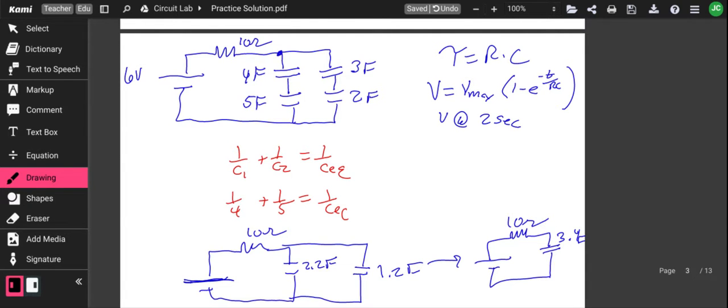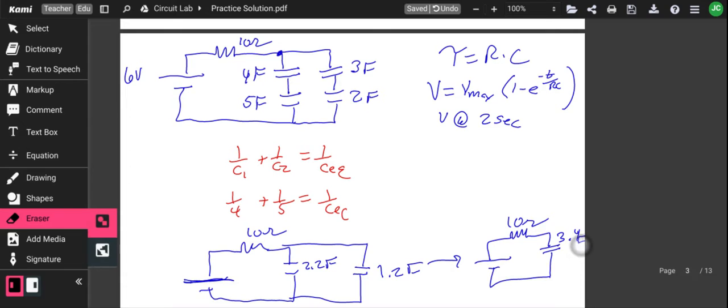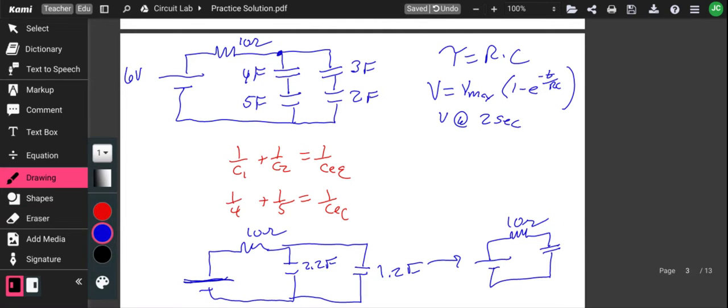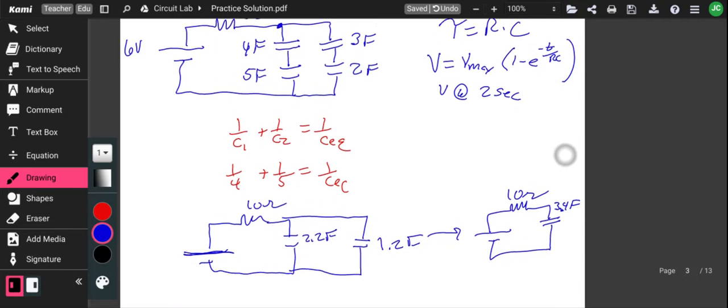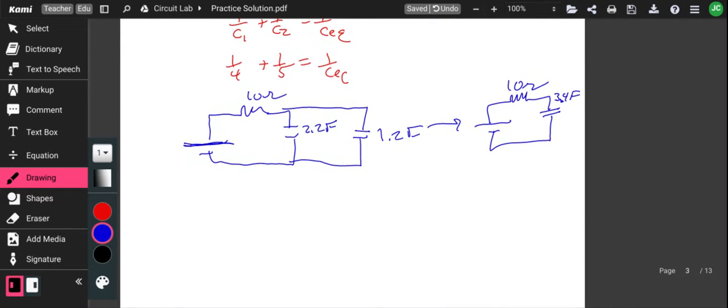So we need at this point to do the RC stuff. This is simplified. We can't simplify this down anymore.